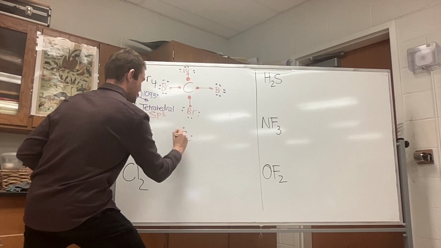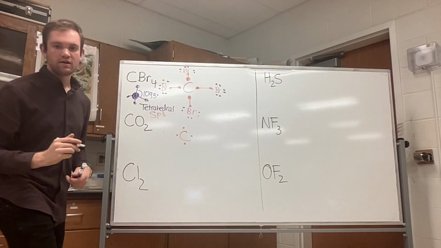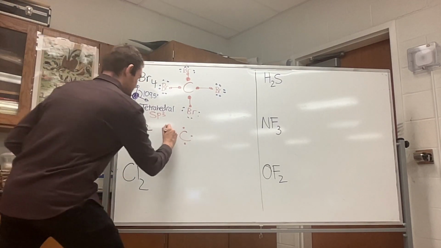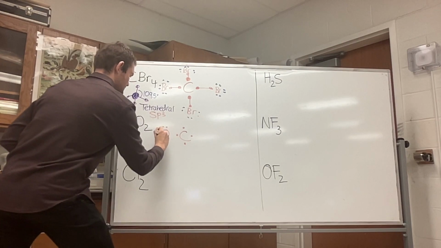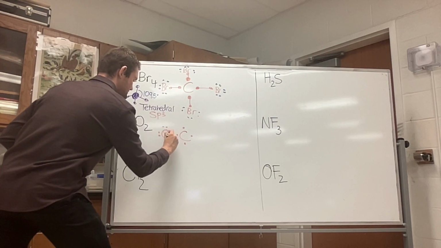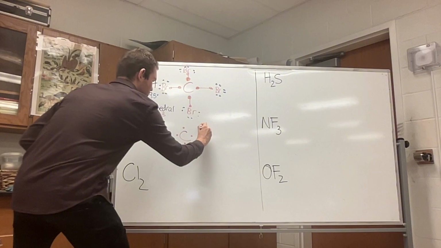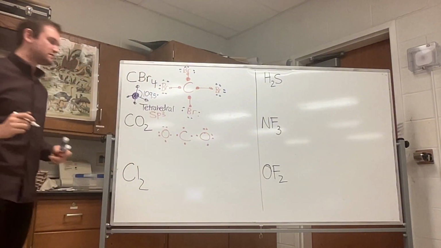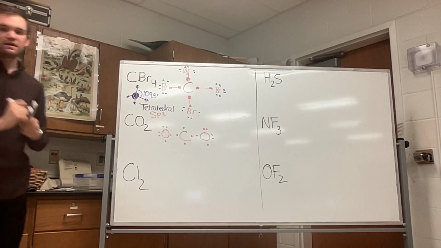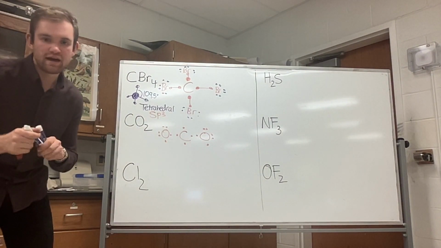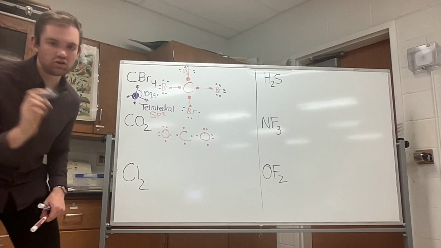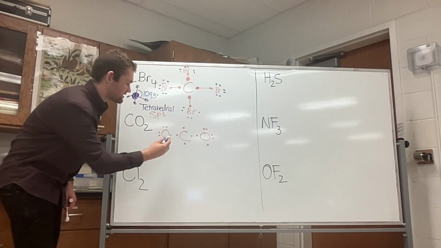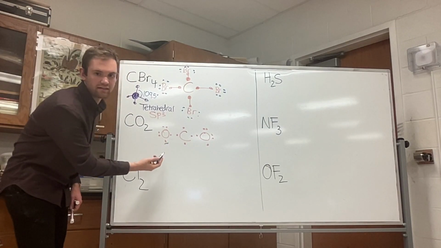Carbon has 4 valence electrons, and oxygen has 6. 1, 2, 3, 4, 5, 6. Oxygen here, 1, 2, 3, 4, 5, 6. Okay. You can see here that if carbon single bonds with oxygen, I still have this guy left over.